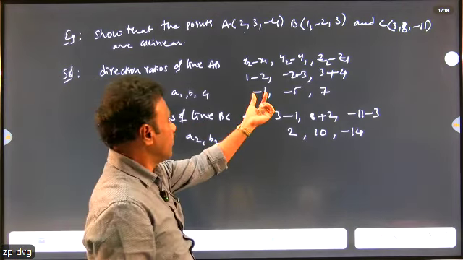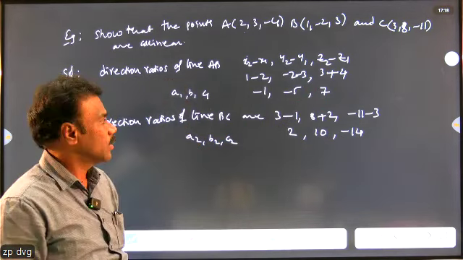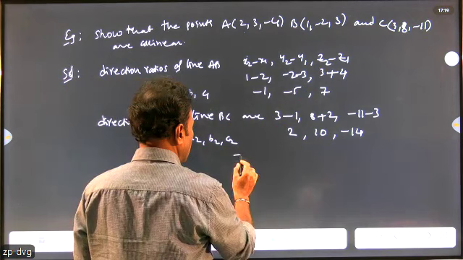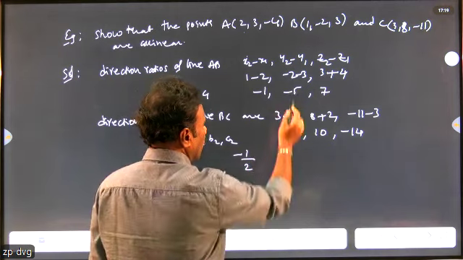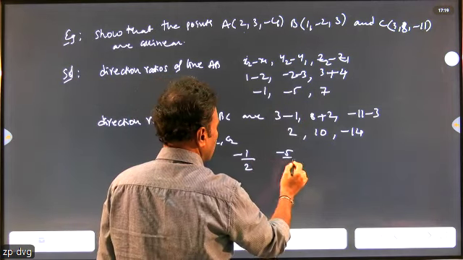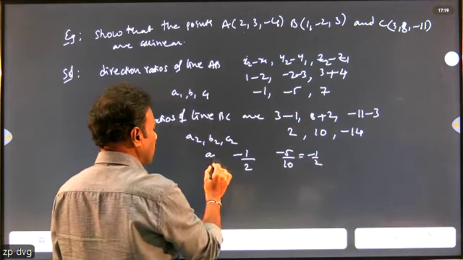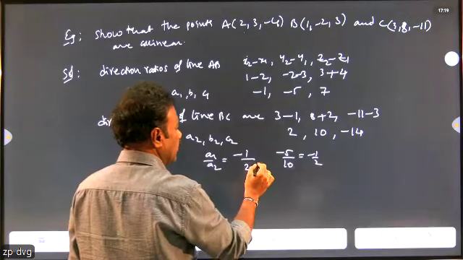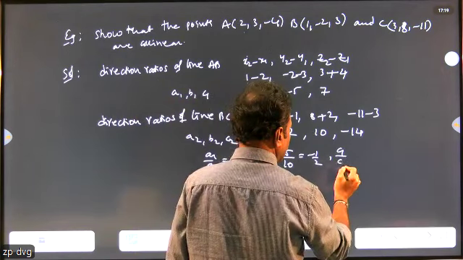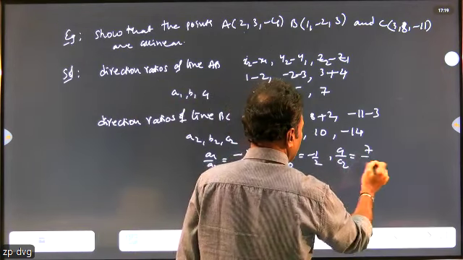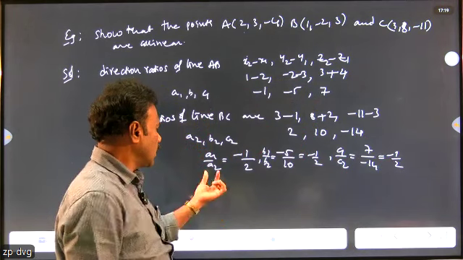If you take A1 by A2, B1 by B2, C1 by C2, they give the same value.